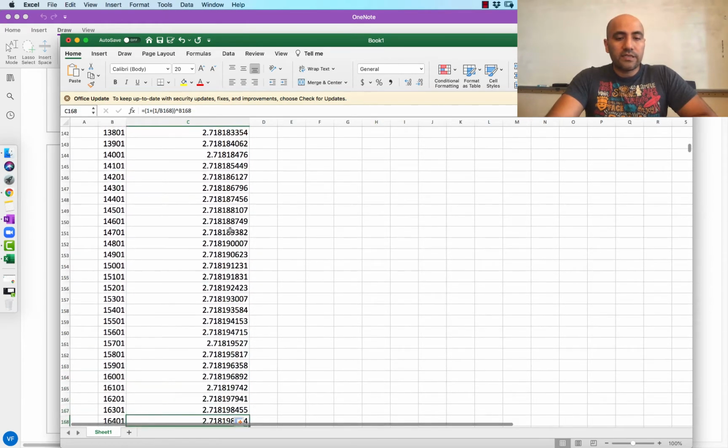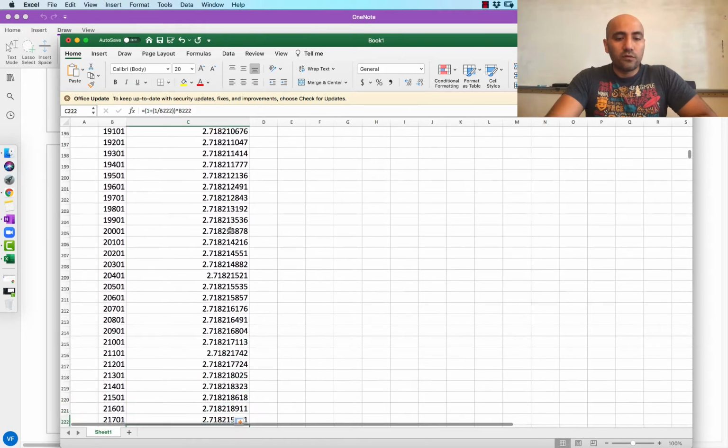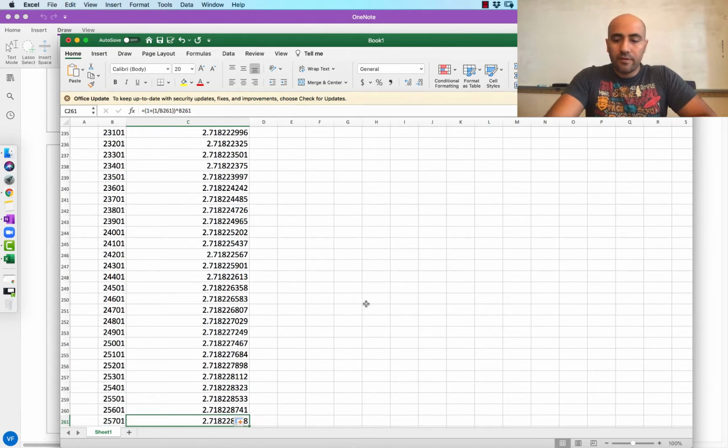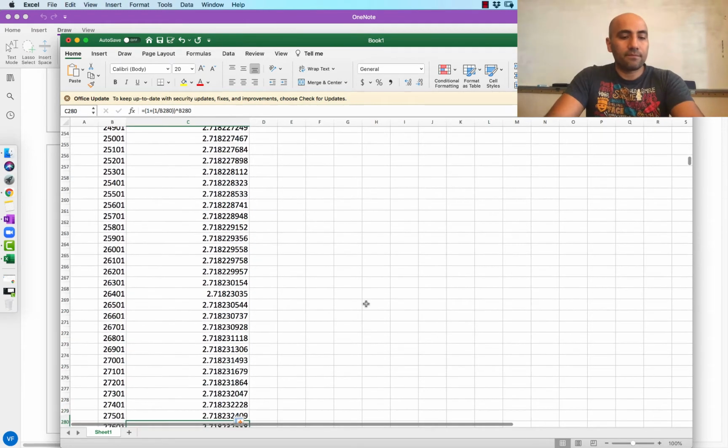So we can see that as the input values grow to larger and larger values, the resulting output is approaching something. Maybe let's try it in a different way.